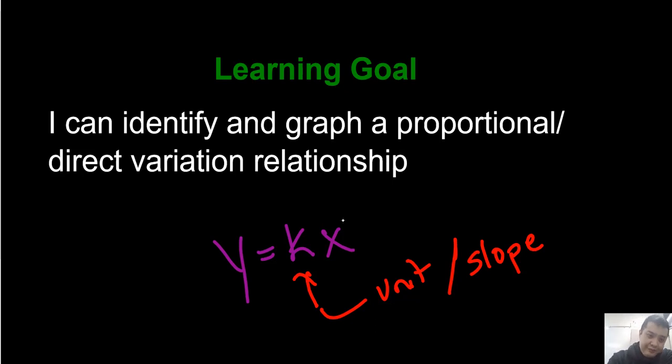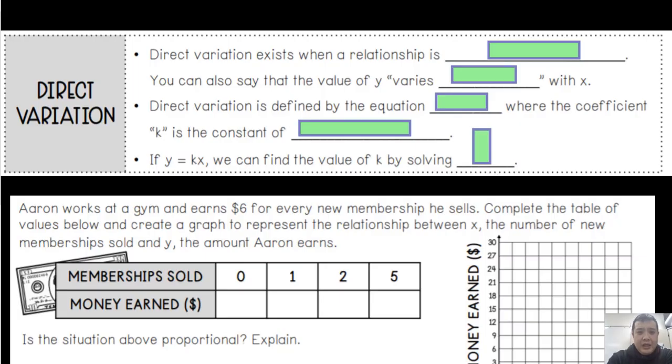I think we've already dealt with these in the last couple years, but we're doing a quick review. Direct variation exists when a relationship is proportional, and you can say that the value of y varies directly with x. Proportional means that there is no b value. One of x is directly equivalent to a certain amount for y.